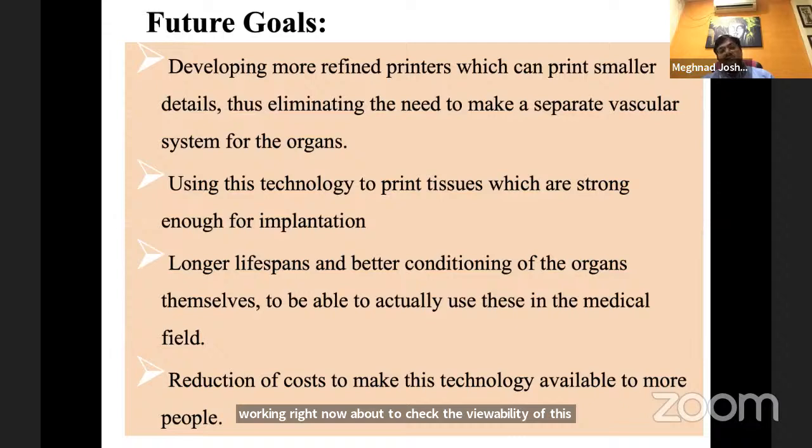And the most important thing is the cost, because if we want to translate this to the clinical side, cost is a major barrier, and there should be simpler ways by which the technology becomes cheaper and available to the common man.